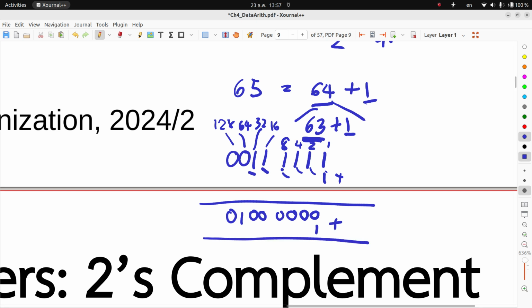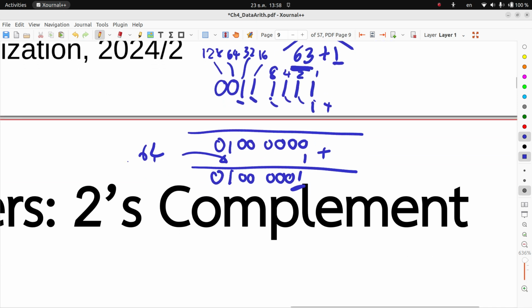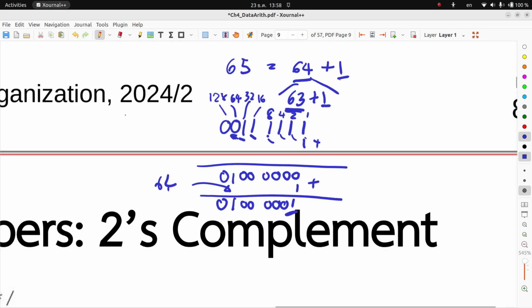Add 1 more, you get 0, 1, 0, 0, 0, 0, 0, 1, which is 64 plus 1 here. Okay? So it's tricky if you can recognize this bit as 64. Much faster. Okay.